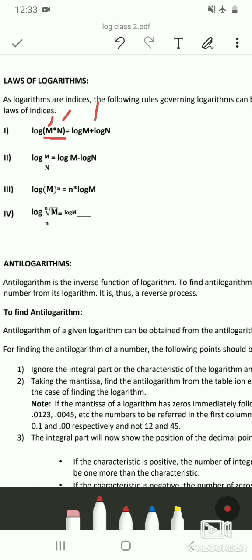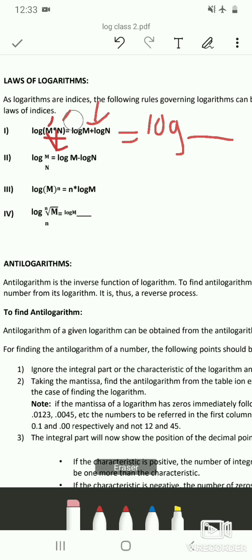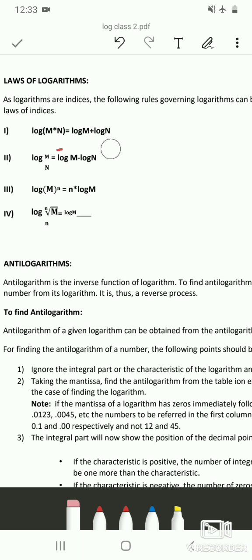To make it easy, we are using this law. The answer you get will be in terms of some logarithm number, but you want to get the actual answer of m into n. So to get the actual answer we use anti-logarithms. So let's see how to find out anti-logarithm.